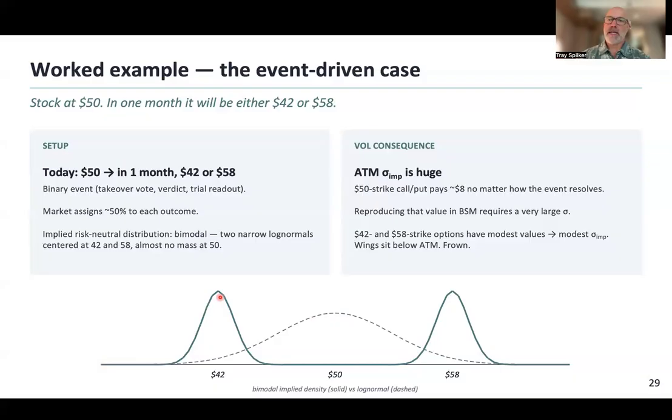So to get a Black-Scholes-Merton model with the implied volatility that reproduces this $8 value, we need a very, very large sigma, right? Implied sigma, which is going to be much higher than the actual underlying volatility. And that's why the at-the-money implied volatility is so high in this example.